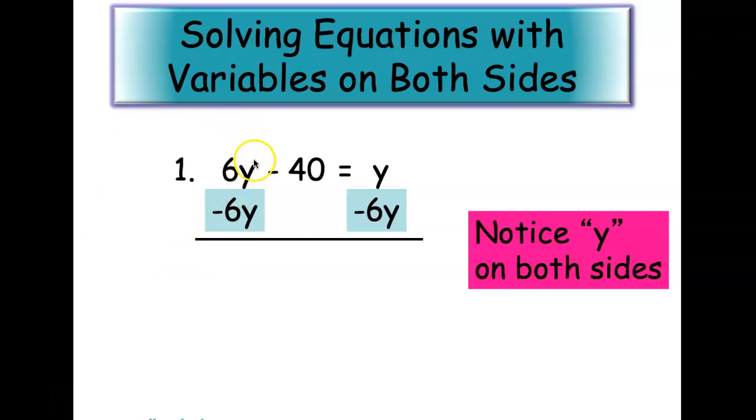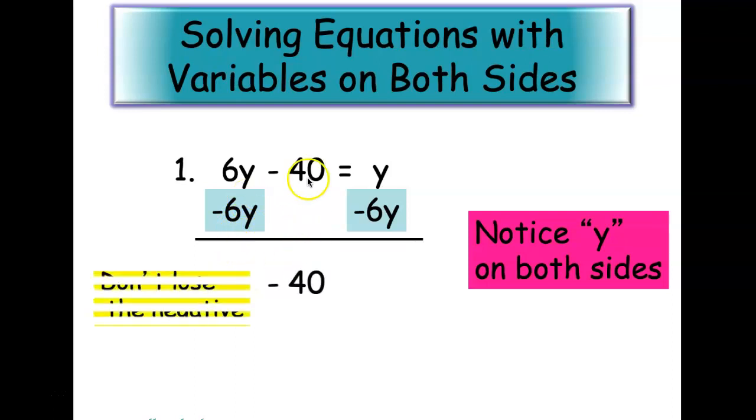For you to do this, again, we're going to use the opposite. So we are going to remove 6y over here, and to do that, the opposite of positive 6y is minus 6y. If you subtract on this side, you have to subtract on the other side of the equal symbol as well. So 6y minus 6y is 0. So you do not have to write anything here.